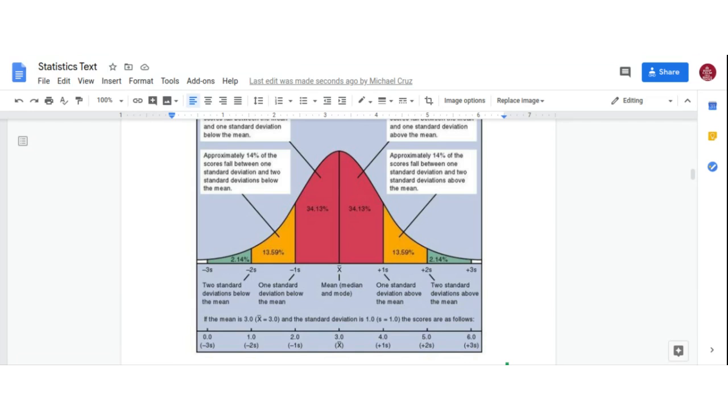Each of those red hops to the left and to the right are bigger depending on the size of the standard deviation. If it's a smaller number, it means it's a smaller hop. But every one of these normal curves, no matter what it is, approximately 3 standard deviations make up almost everything that's underneath there.